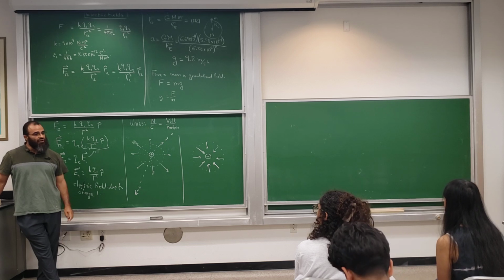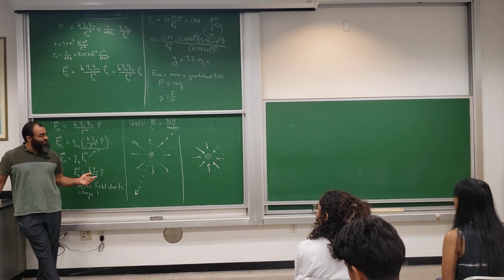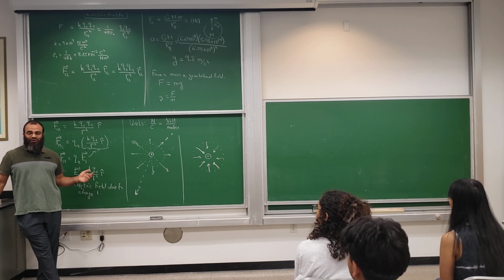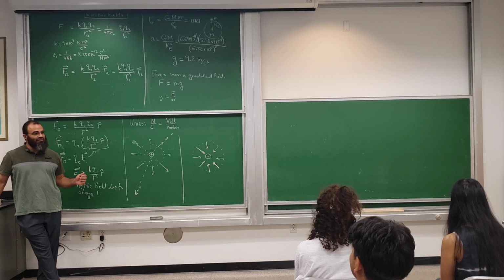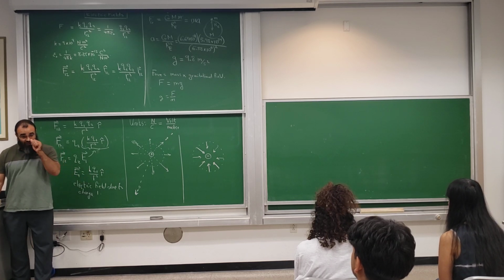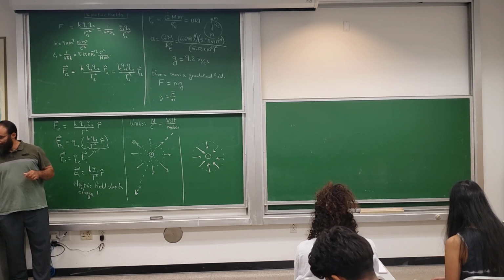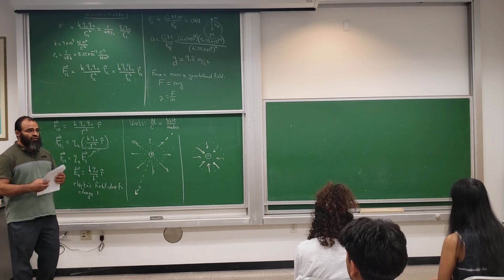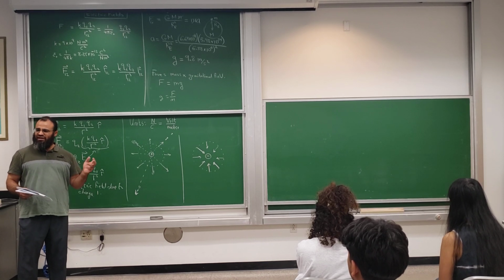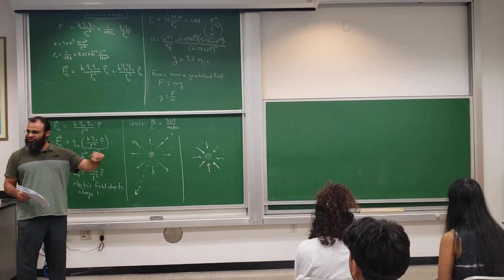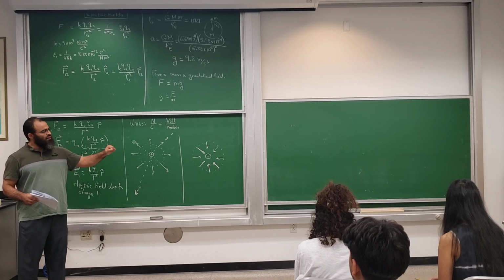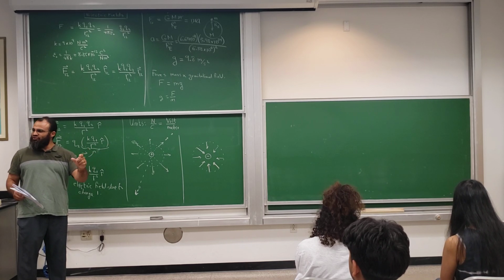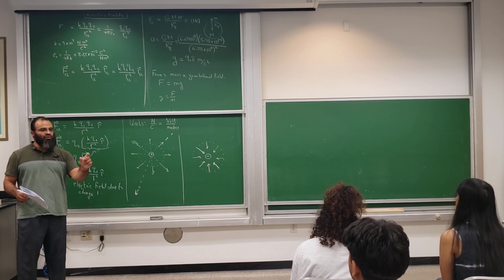Okay. So our job now will be, we will mostly be focusing on the electric field. And we will be calculating the electric field for different configurations. We will talk about electric fields for single charges, 1, 2, 3. And then we'll talk about electric fields for just two oppositely charged things, like we call it a dipole.